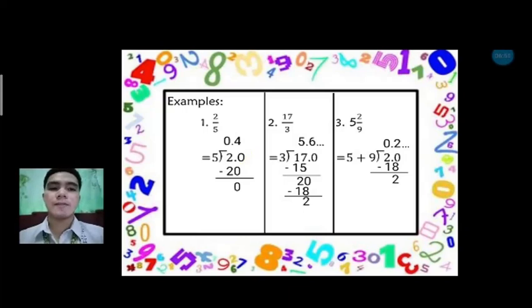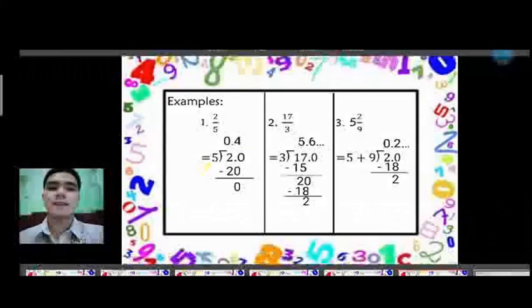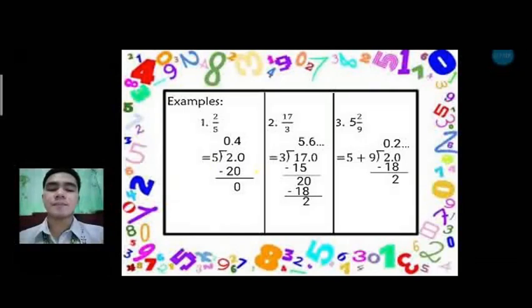Now we have 20. Just ignore the decimal at this moment. 20 divided by 5 is 4, because 4 times 5 is 20.